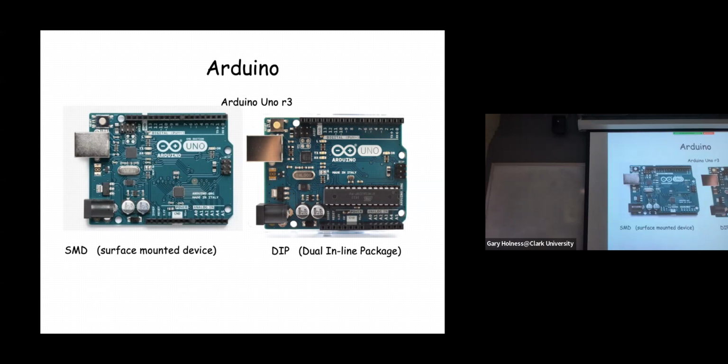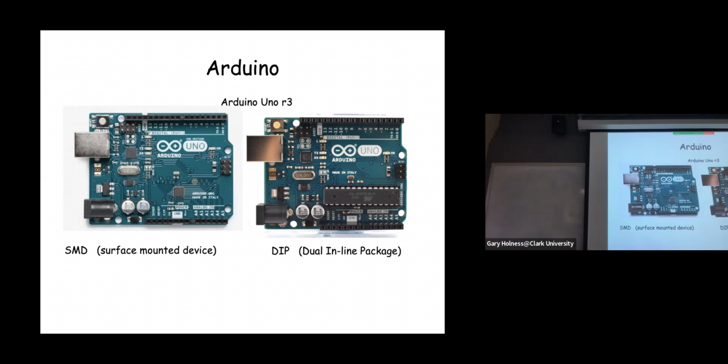And one of the things you'll notice is there's a difference between the chip here, and that's the main processor, and the chip here. That's the main processor. These two boards functionally are 100% the same. The only difference is in what that main processor is using as technology to attach it to the other circuits that comprise the board. Okay, any questions?